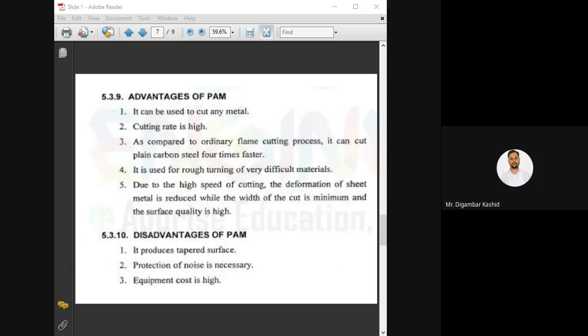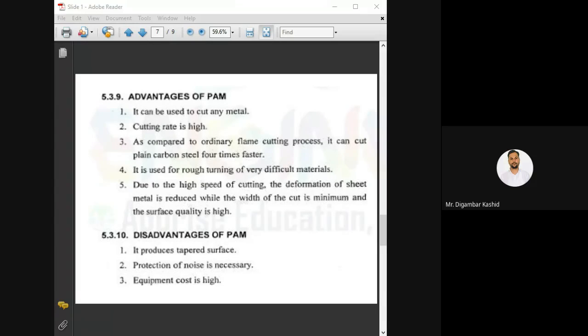So the first advantage of plasma arc machining, or plasma arc cutting as you can also call it, is that we can use this process for cutting any metal. Here there is no restriction about the mechanical properties or other metallurgical properties. The cutting rate by this process is very high.